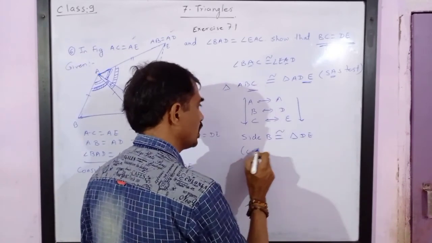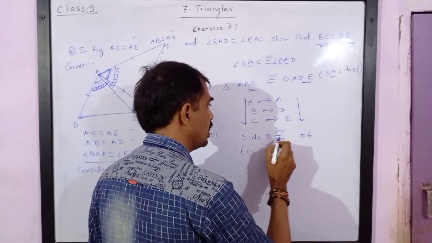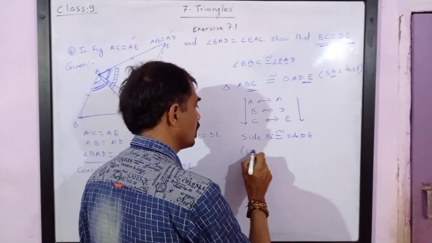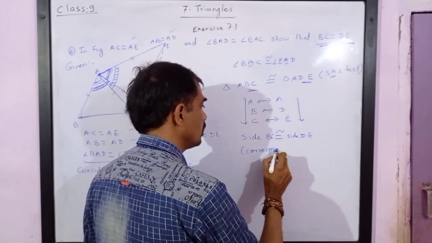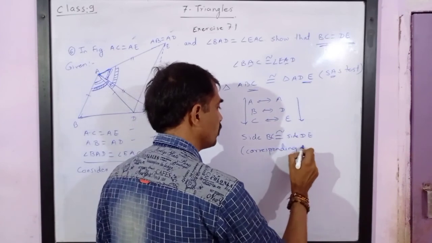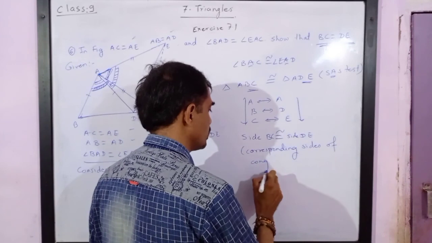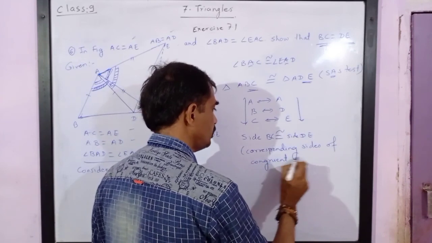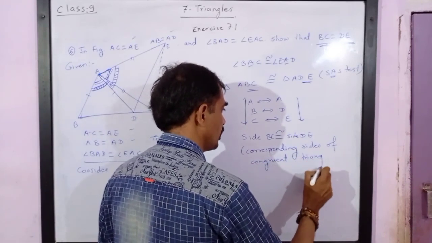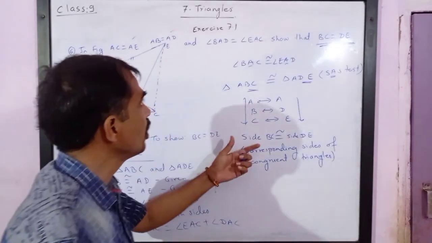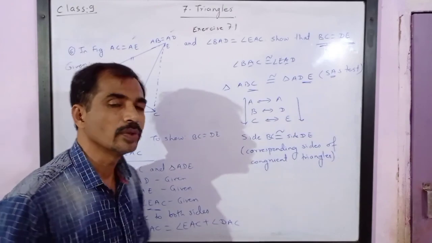The reason is they are corresponding sides of congruent triangles. So here we have got the result BC congruent to DE.